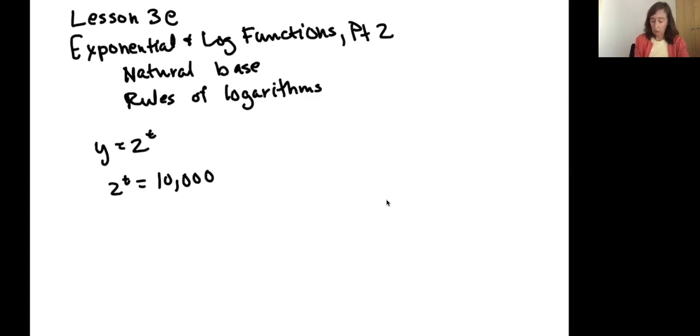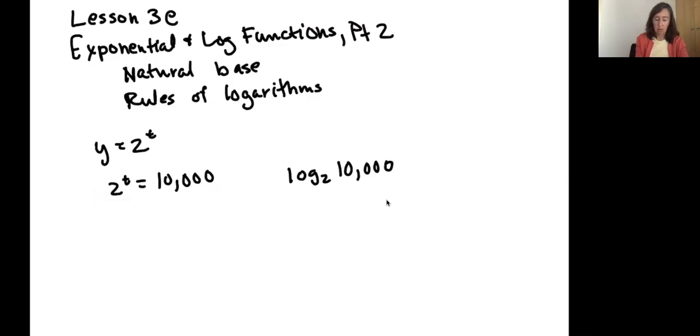And we sort of asserted that the answer to that was given by log base 2 of 10,000. Now that we've defined what a logarithm is, and that we know that it's a function, we can just apply that function to both sides of this equation.